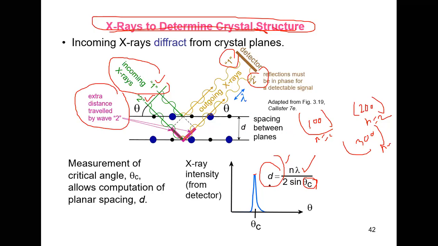So from X-ray diffraction, we get d. Still, we don't know how to calculate the lattice parameters a, b, and c. So we need to do some further studies.